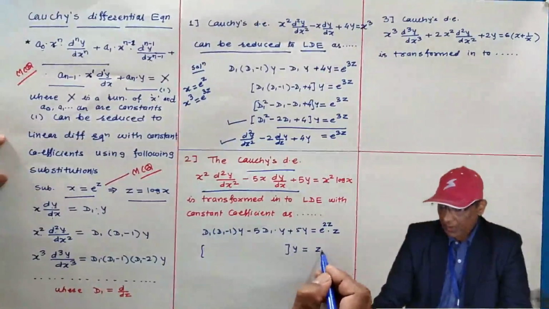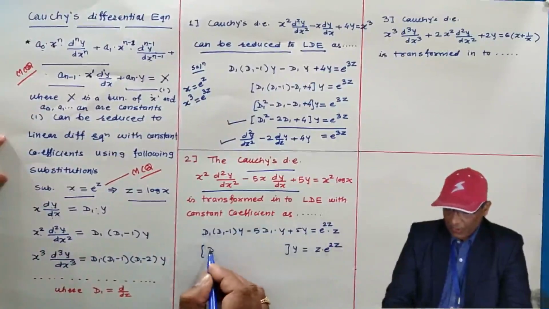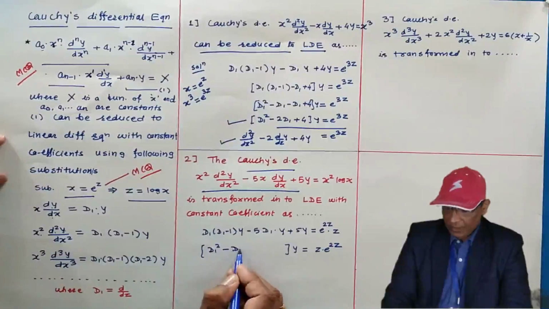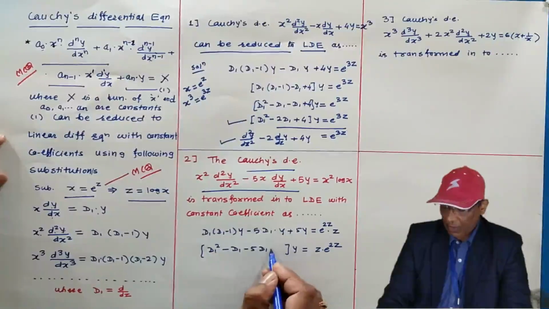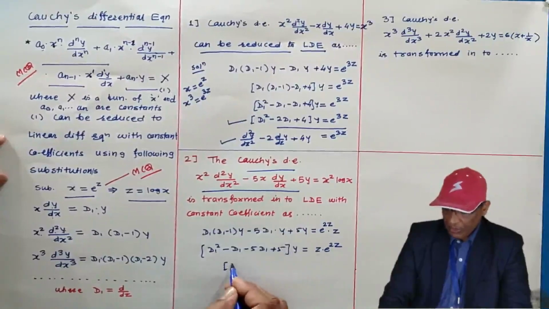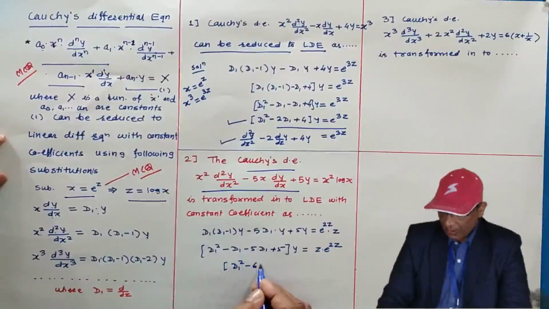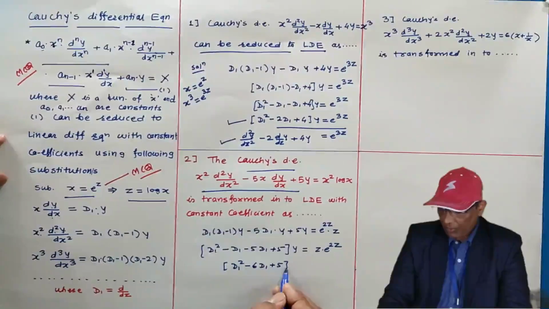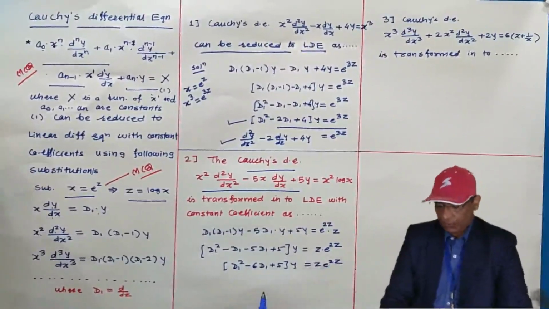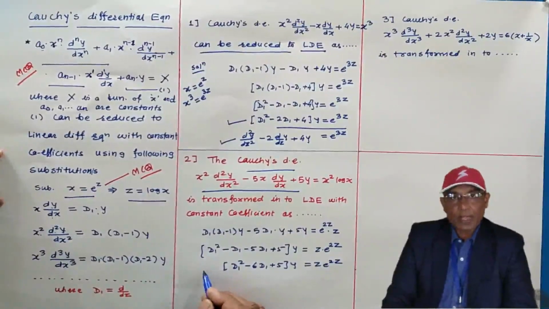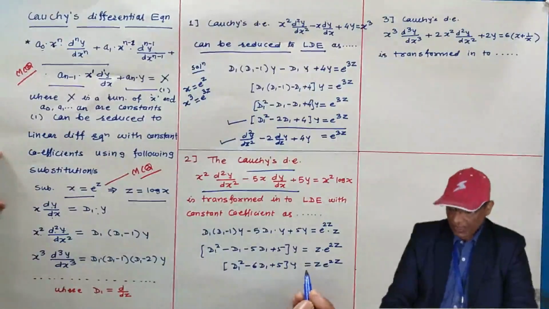Now take y common. I am writing directly here in the left hand side. D1 into D1 square. I have taken y common. D1 into minus 1, minus 5D1, y I have taken common, plus 5. Now D1 square minus 5D1 minus D1, that is D1 square minus 6D1 plus 5, y equal to right hand side. Now this may be given as a correct option, where D1 is derivative with respect to z.